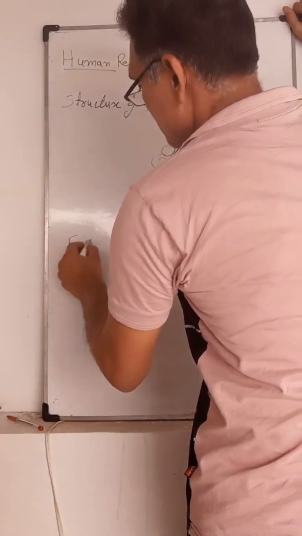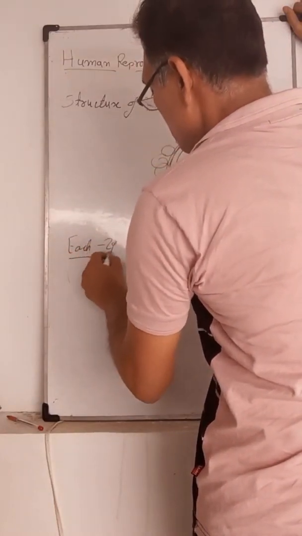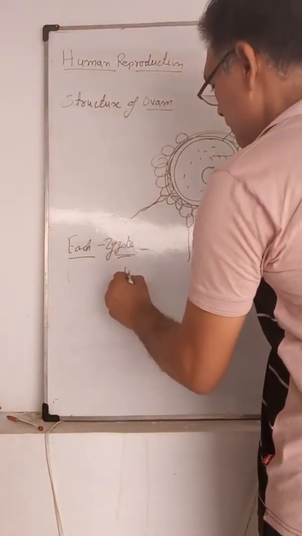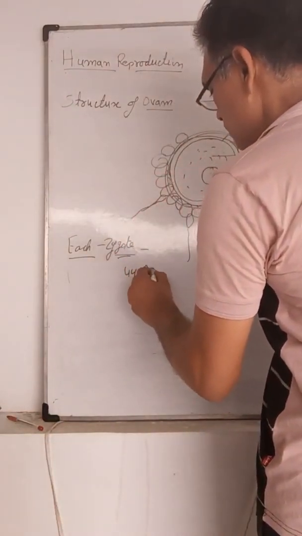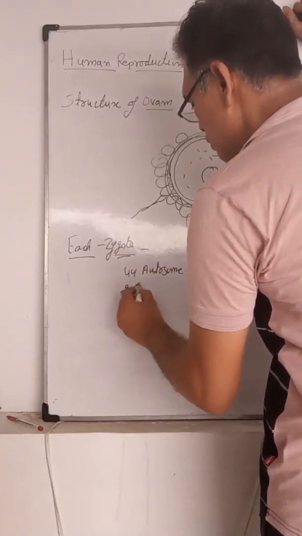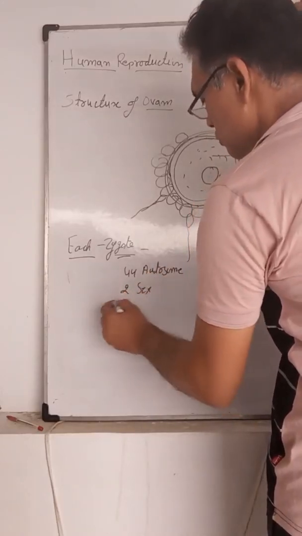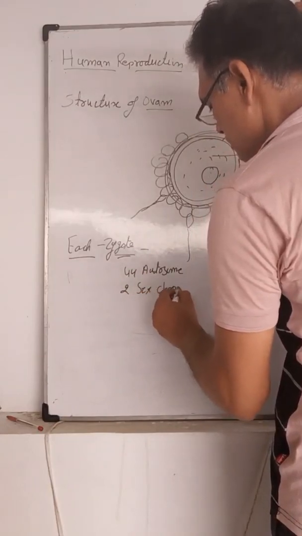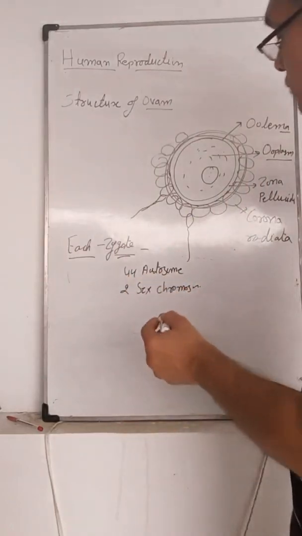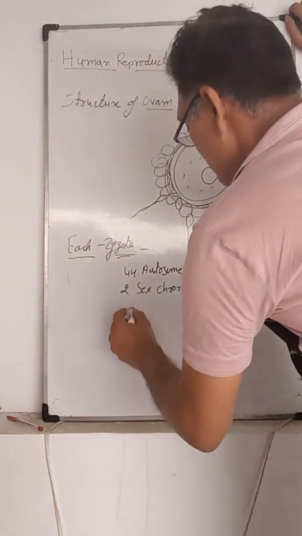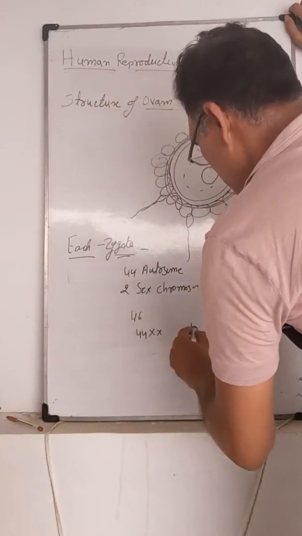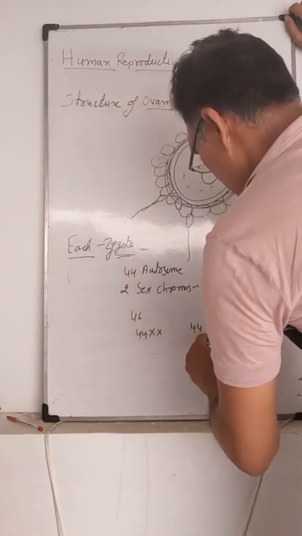Each zygote contains 44 autosomes and 2 sex chromosomes, which determine the sex of the future one, that is 44 XX or 44 XY.